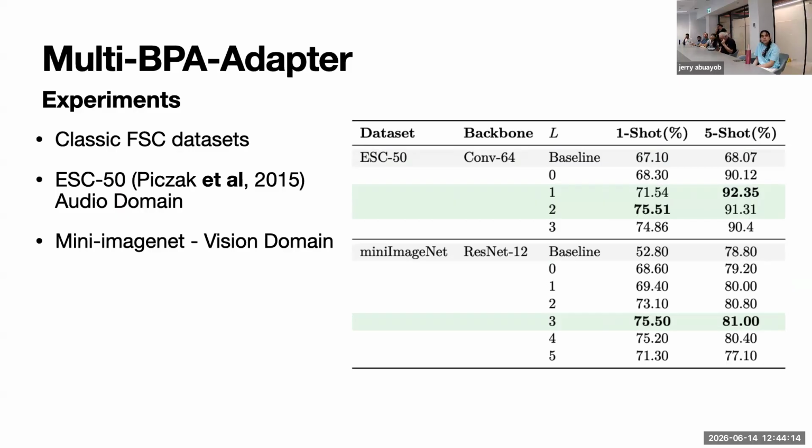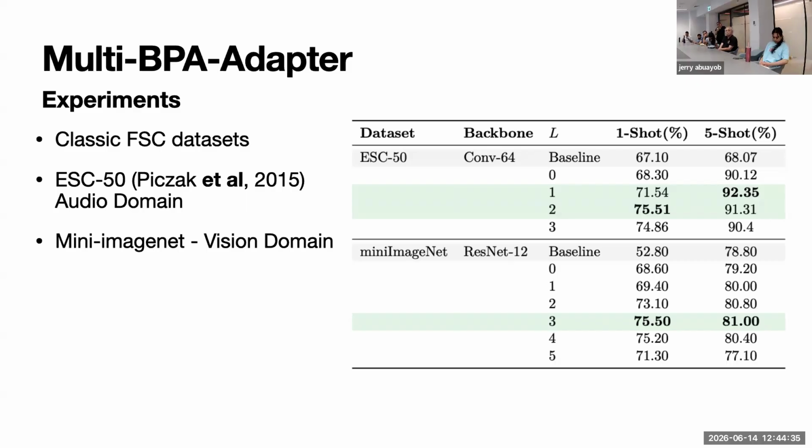So regarding the multi-BPA adapters, as I said before, plugging in the multi-BPA adapters on the foundation models didn't yield much greater results, but on the weaker models, it kind of did. So over here, I tested it on 2 different modalities.